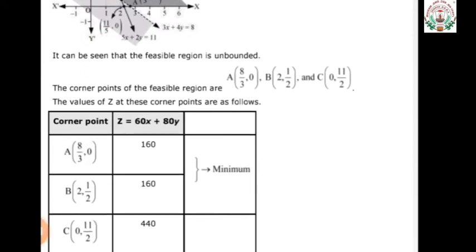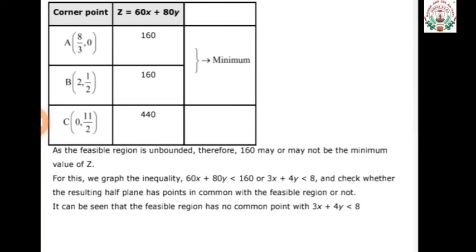We get a minimum value of 160. At the corner points we are getting the values of z as follows. Now as the feasible region is unbounded, we have the minimum value 160. It may or may not be the minimum.